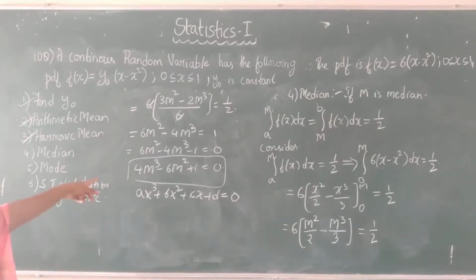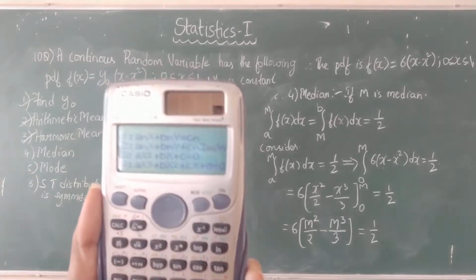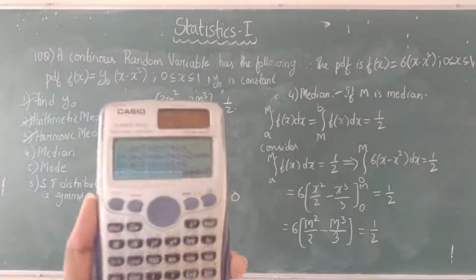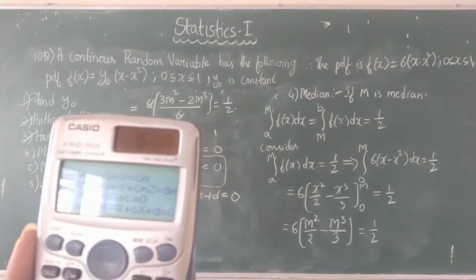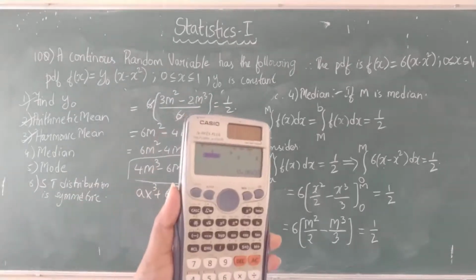Here the number of unknown values is only 1. M only we have to find. After clicking on the number of unknown values 1, you will get this type of box. From this, select the equation type, that is ax cube plus bx square plus cx plus d. It is the 4th one. So select the 4th icon.